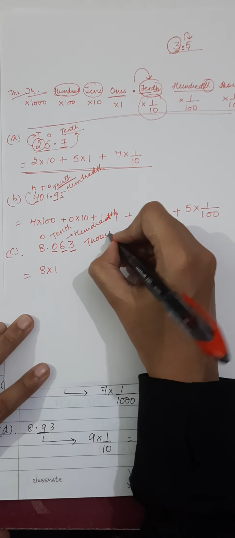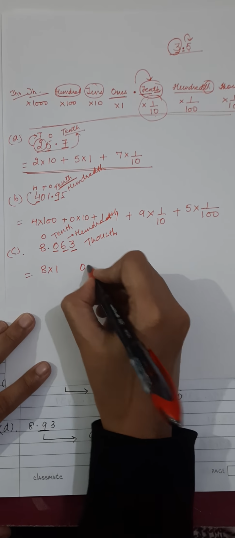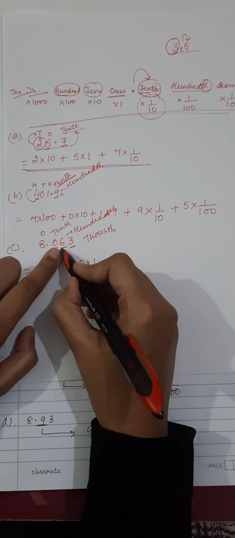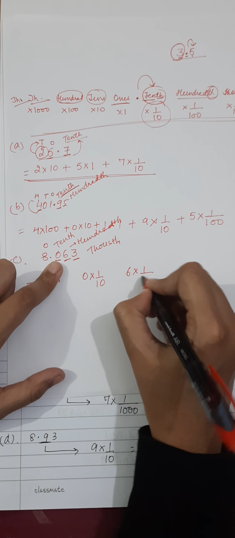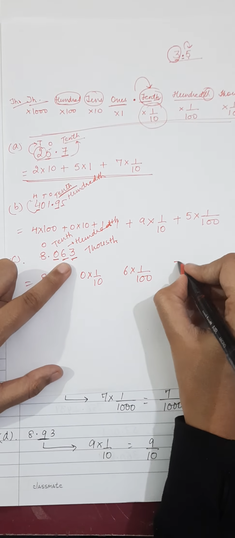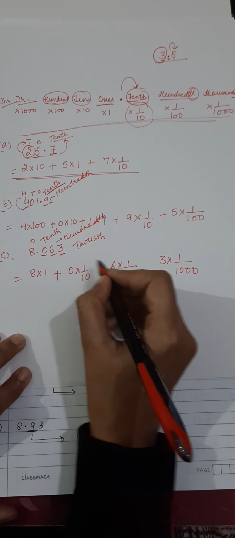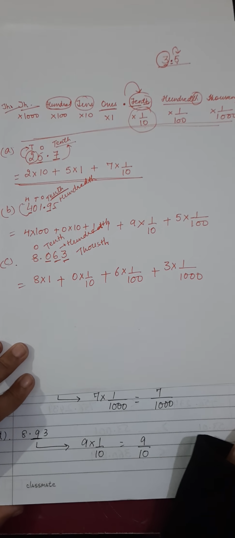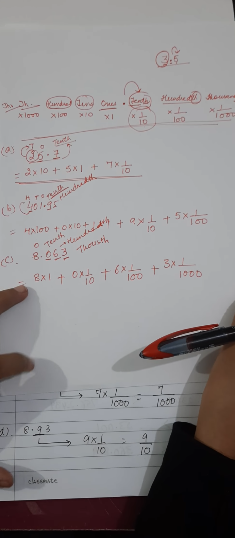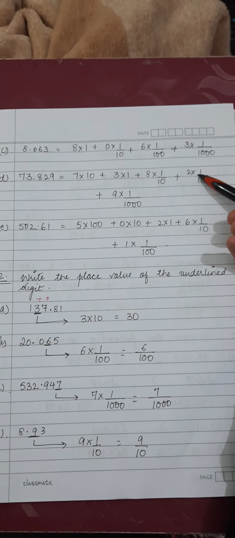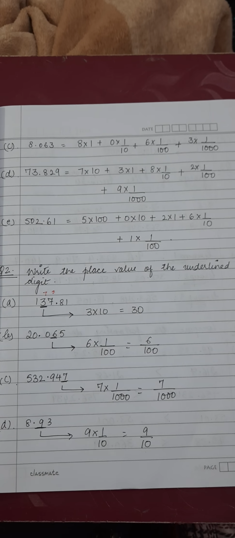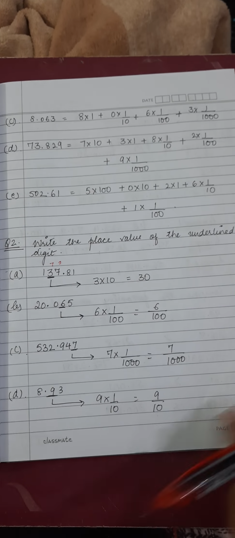So 0 will be multiplied with 1 upon 10, 6 will be multiplied with 1 upon 100, and 3 will be multiplied with 1 upon 1000, and to combine them together we add the sign of plus between them. That's it, and this is the expanded form of C part. Now D part and E part you will try by yourself. Let us move to question number 2.